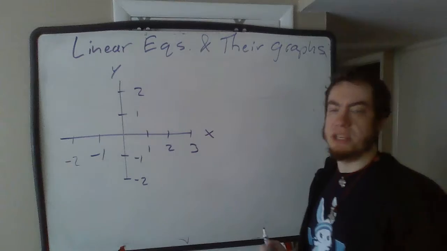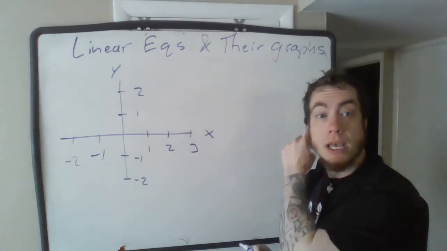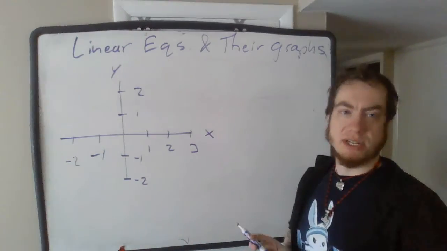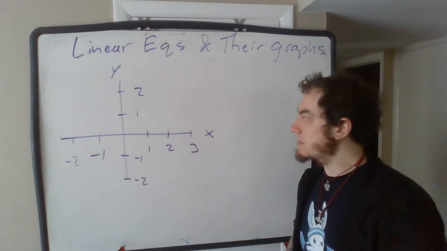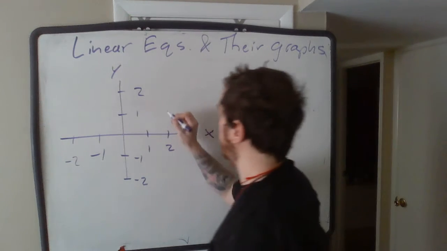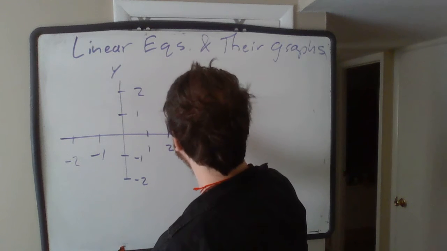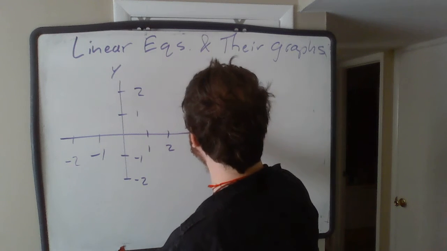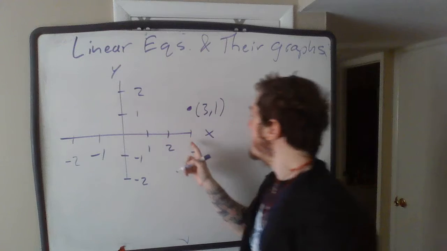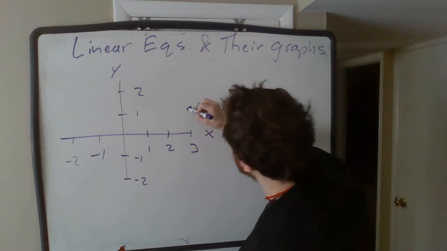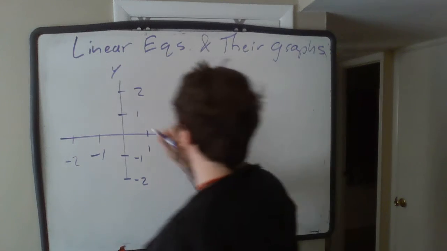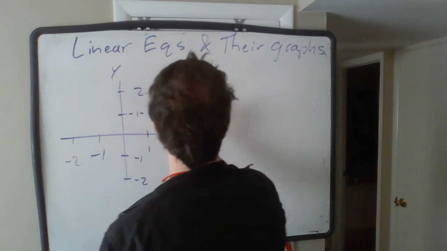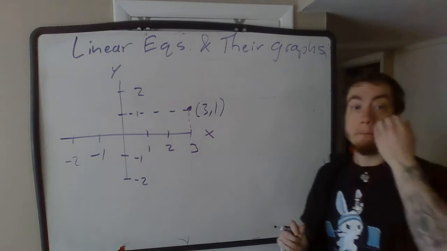It's kind of like giving directions by telling somebody the intersection if you live in a city that has everything divided up into blocks. So for example, this point right here would be the point 3, 1, because we are directly above 3 along the horizontal axis, and we are directly across from 1 on the vertical axis.